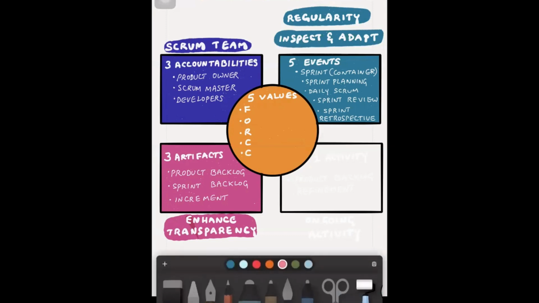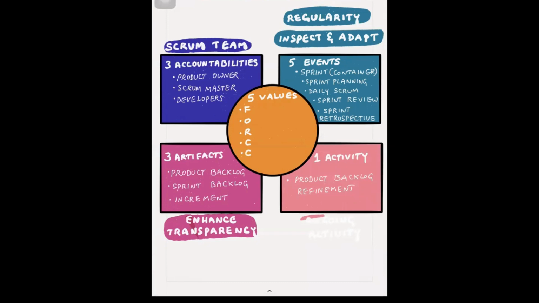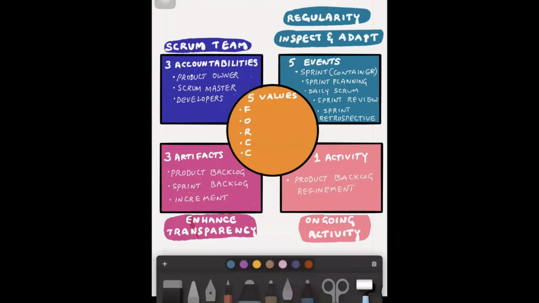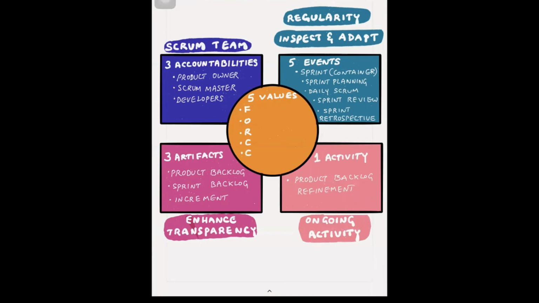And there is one activity called product backlog refinement. It's an ongoing activity, because in a complex problem where the unknown is more than the known, you won't be able to identify all the requirements related to the product upfront because of the nature of complexity. So every sprint, the Scrum team takes a little amount of time to look at the upcoming items in the product backlog, to see if an item is big, then split it into smaller items, and then discuss the description and give the estimate.